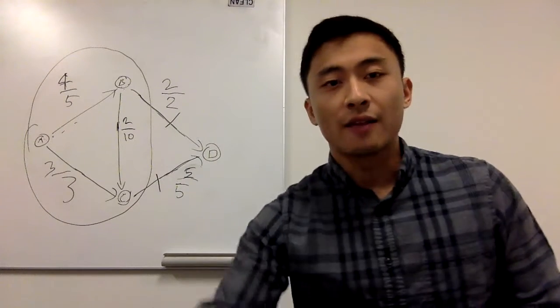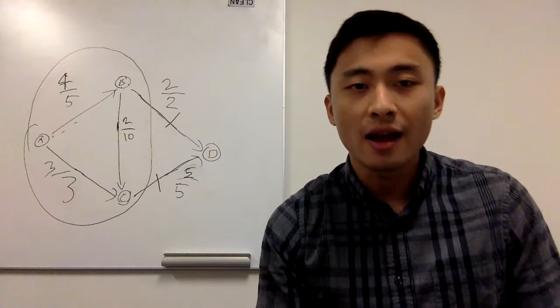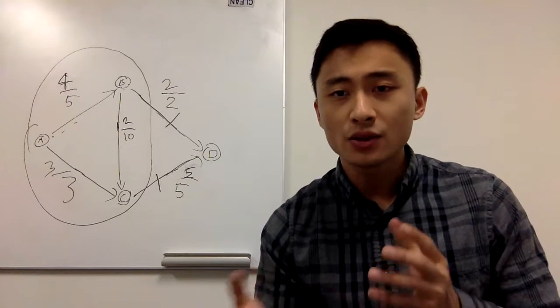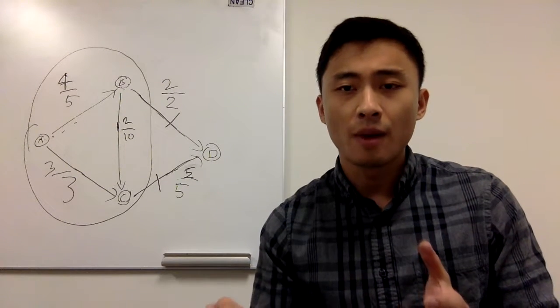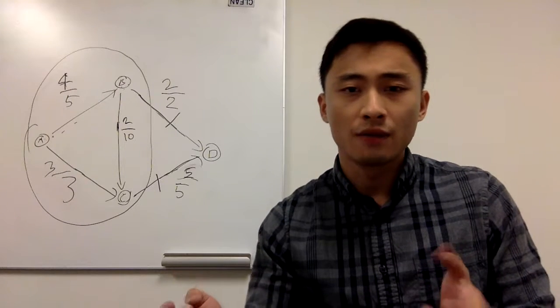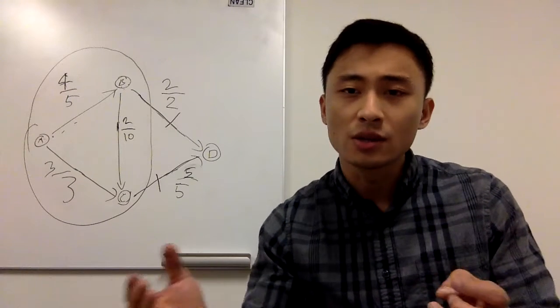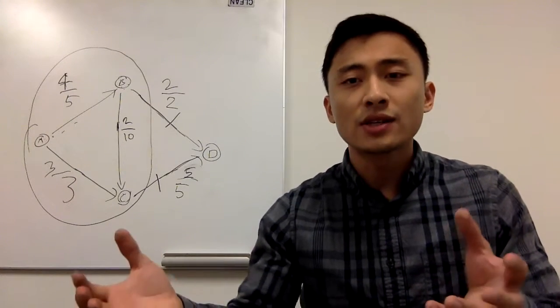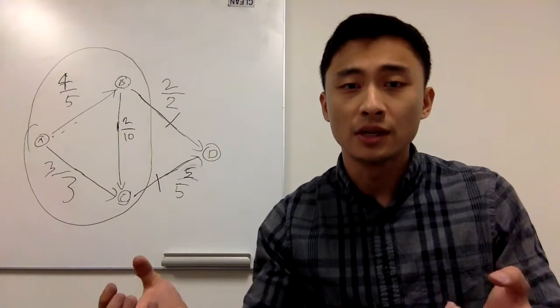So, for this problem, the main challenge that I faced was how to transform from my cap graph of individual users and relationships between individual users to relationships between different communities, right?